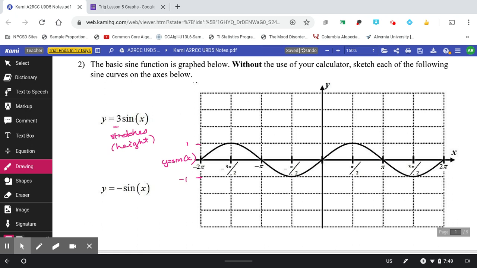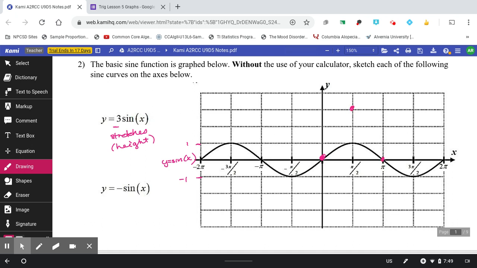Okay, so I'm going to start at the origin, right? Because that's where sine starts. And if you're going 3 times as far away from the x-axis, that's how we stretched before. Then when you're on the x-axis, you can't get any farther or closer to it because you're right on it. But here at pi over 2, right, it's at 1. So now I'm going to go up to 3.